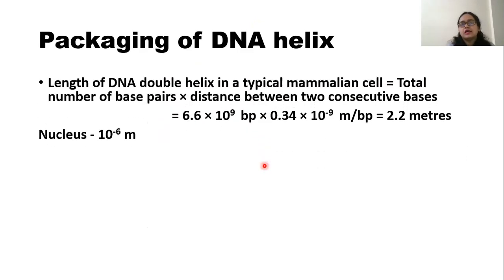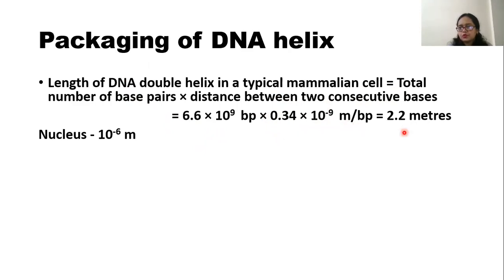So the first point is the length of the DNA double helix in a typical mammalian cell. We can calculate it by the total number of base pairs multiplied by the distance between two consecutive bases. The total number of base pairs in the mammalian cell is around 6.6 into 10 raised to 9 base pairs, and the distance between two consecutive bases is around 0.34 into 10 raised to minus 9 meter per base pair.